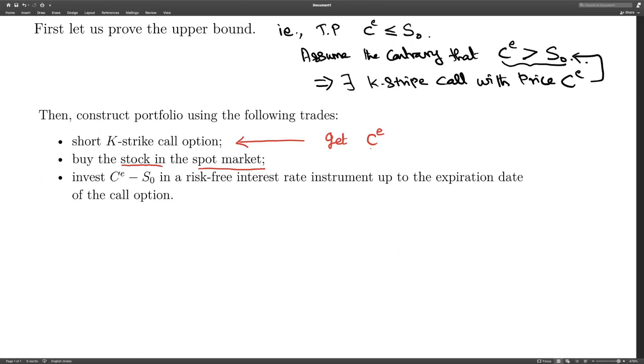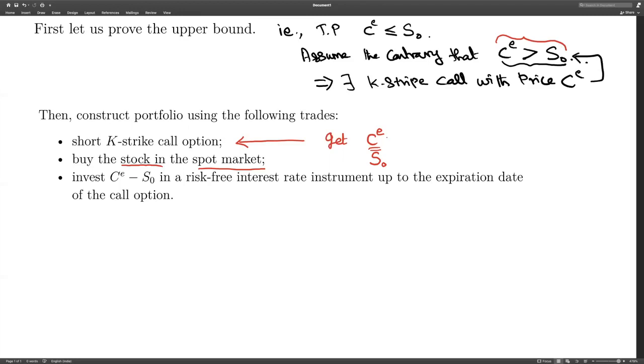Therefore, you get this money. Now you buy the stock in the stock market. Therefore, you actually spend S0. You see, CE, that is the premium that you got, is greater than the spot market price. That is the assumption you made.